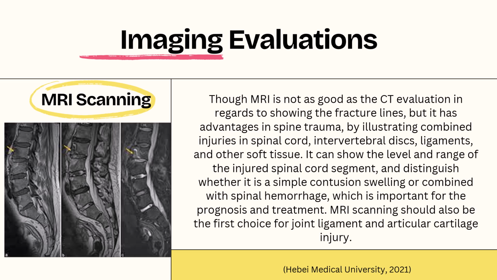Though MRI is not as good as CT in showing the fracture lines, it has an advantage in spine trauma by illustrating combined injuries in the spinal cord, intervertebral ligaments, and other soft tissue. MRI scanning should also be the first choice for joint ligament and articular cartilage injury.